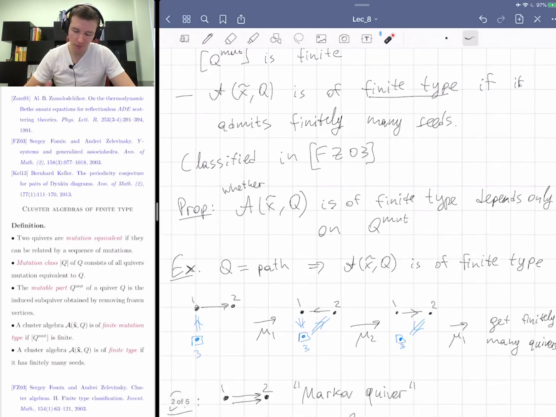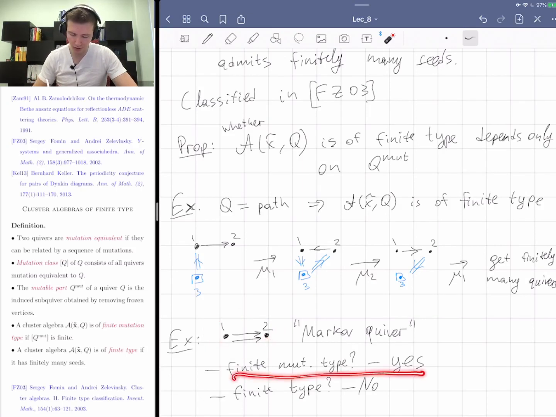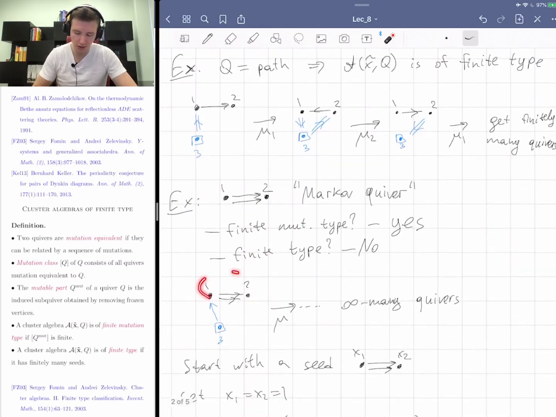Well, whether a quiver is of finite mutation type or not depends on whether you add frozens or not. If I only take this quiver, then it's finite mutation type, right? If I mutate this vertex or this, the mutable part of this quiver has finitely many quivers.